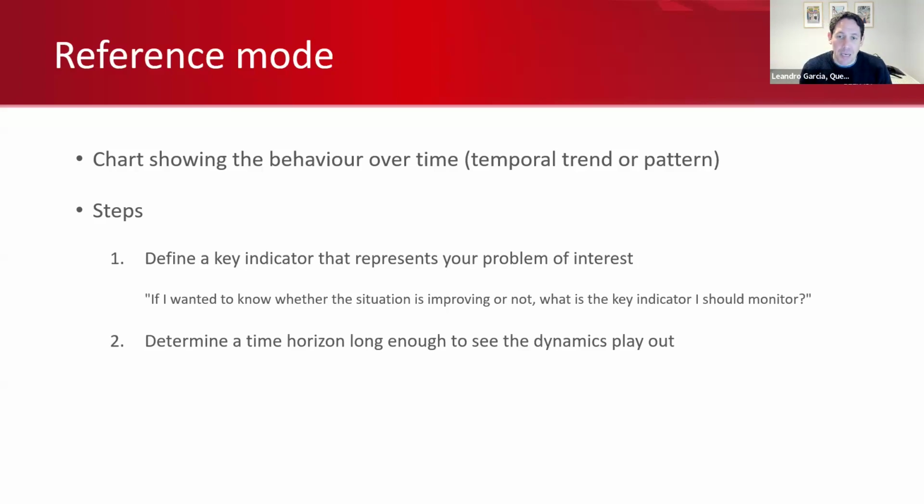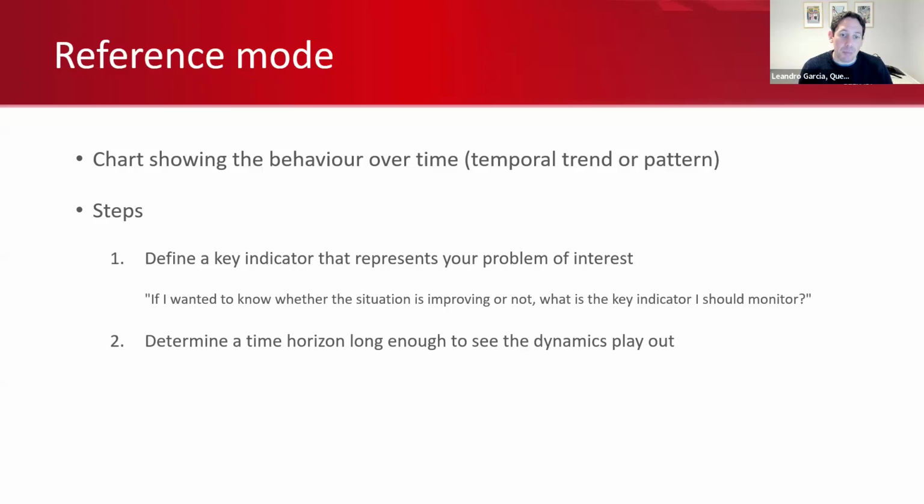Depending on the key indicator, and how quickly it changes over time, depending on, let's say, interventions, you might need longer or shorter time horizons. If you have something like an outbreak in a school, where the dynamics play out much quicker, in a week or so, you might have a time horizon of just a couple of days or weeks, a month or 2 months.